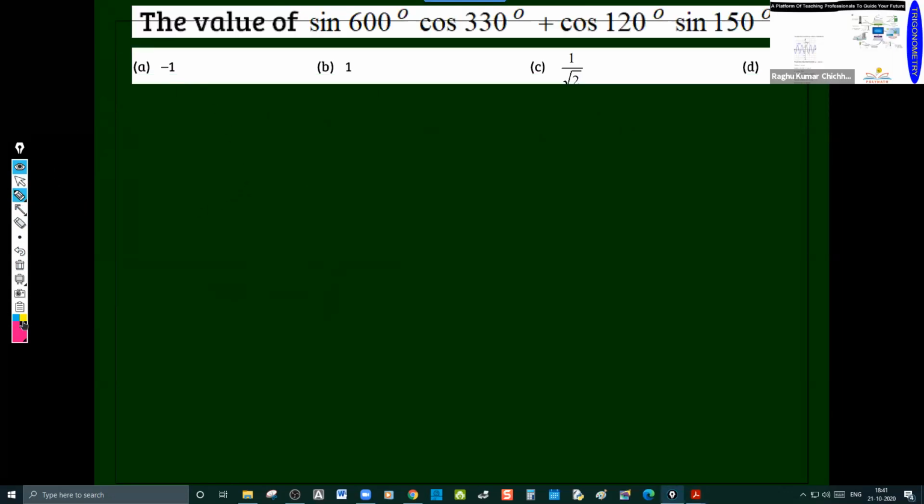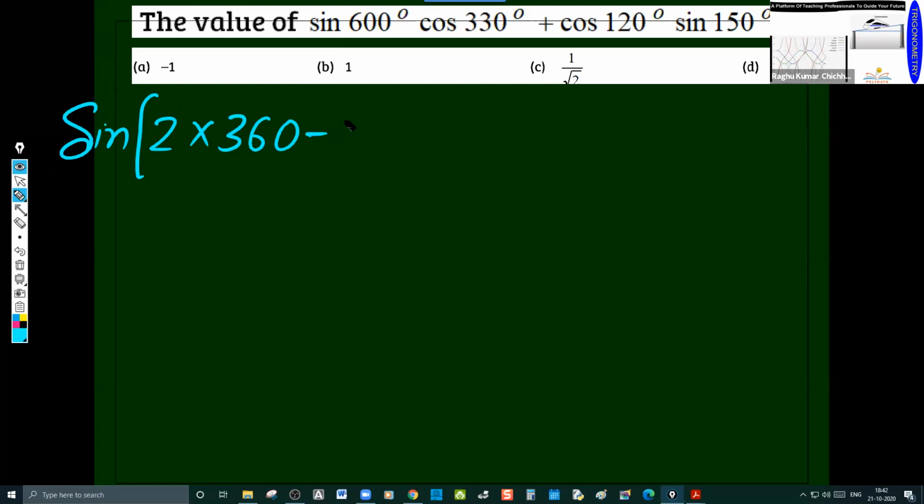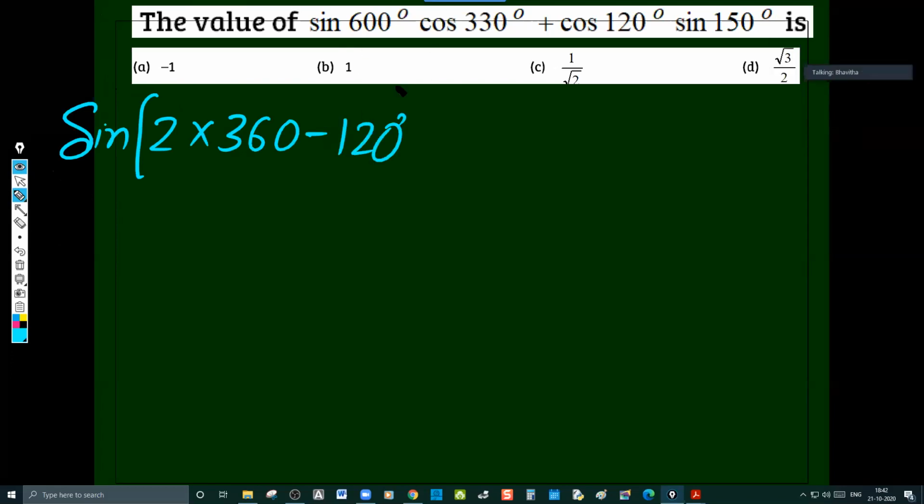Now you tell me, Bhavi. Sine 600, let us reduce them to the lower angle. I'll be writing it as 2 into 360, 720 minus 120. Clear now? Yes, sir.